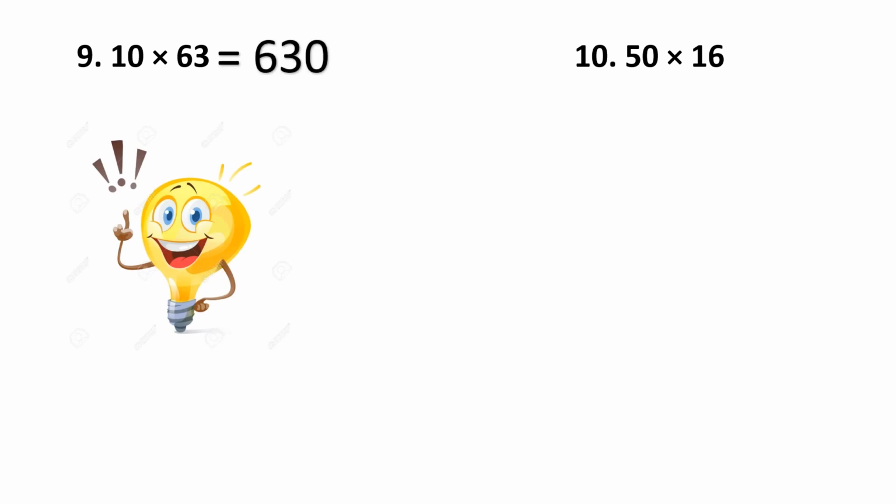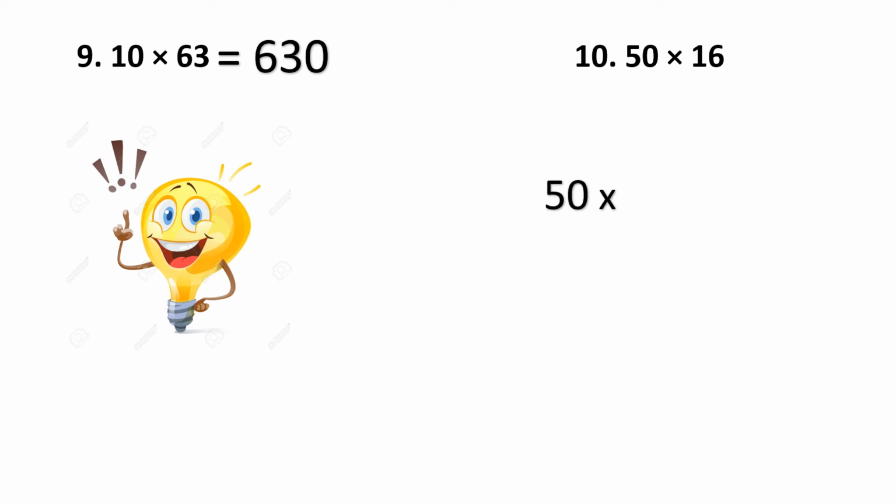Again, number 9, go back to the great idea. 63 times 10 equals 630. Don't forget, we don't need to break here because it is multiplying by 10. As for number 10, go back to the distribution because we need to break. So keep the first number as it is, 50 times.